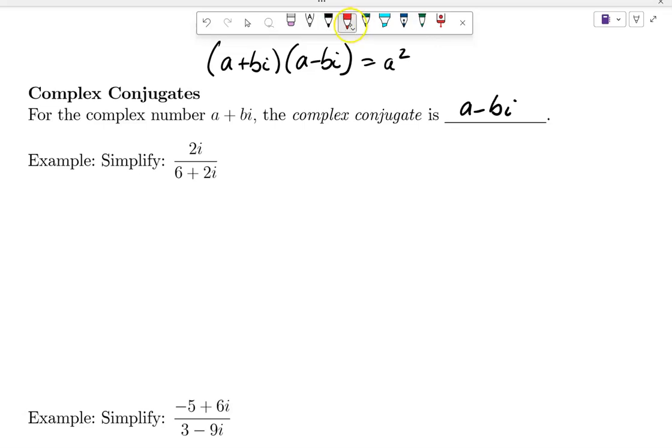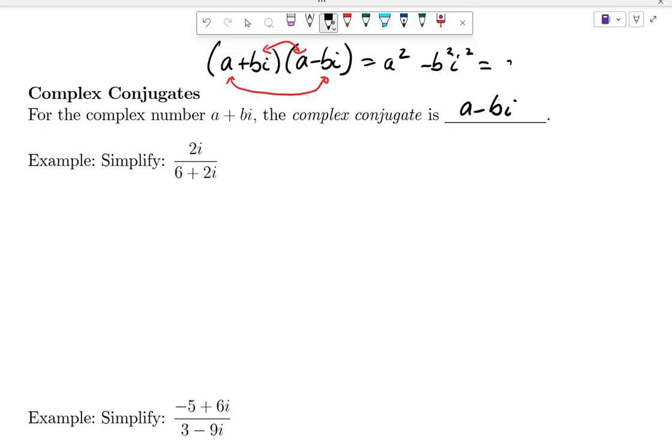What happens when you multiply your outer and your inner together? What happens with those terms? You get abi, a positive, and you get a negative. So those are going to cancel out, right? And so at the end, we'll get a minus b squared i squared. But what did we say i squared was equal to?